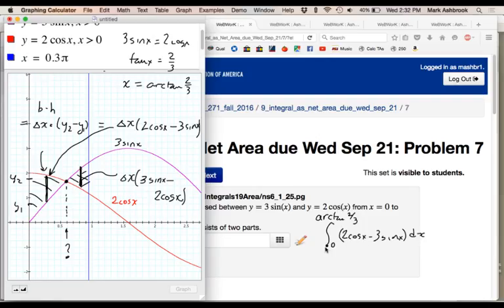And this integral just means sum up all the areas of the typical strips. Okay? Meaning is important. And then from arctan 2/3 all the way to 0.3 pi, that was my problem. Now the higher one was 3 sine x, so it's 3 sine x minus 2 cosine x dx.